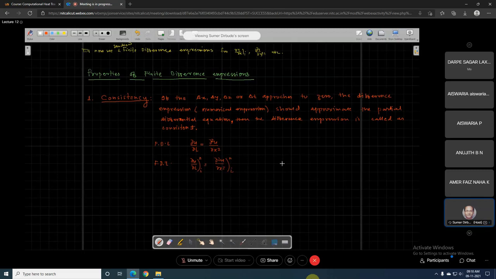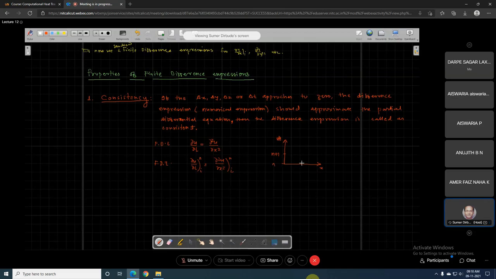So if this is a 1D problem, this is x and there should be a time represented by n. This is time t, and we'll say n and n plus 1th time. This is the next time, n is the current time.